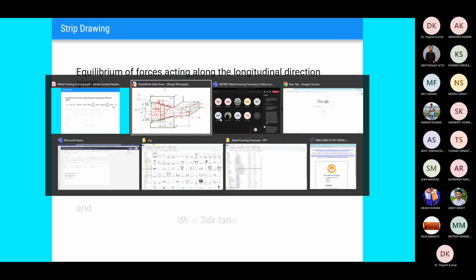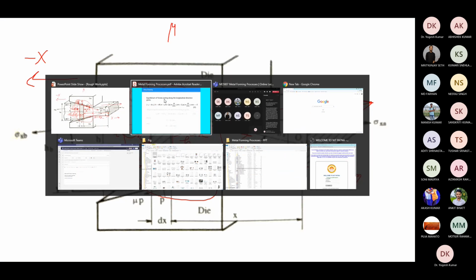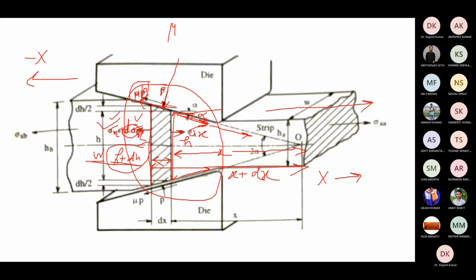Here we are having two forces like p. Since this force is acting perpendicular to the die surface, and this die surface is having a certain angle, if we take this angle from the vertical direction, this will be alpha.